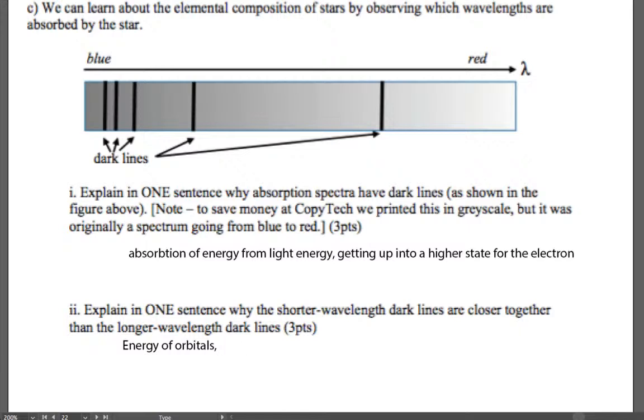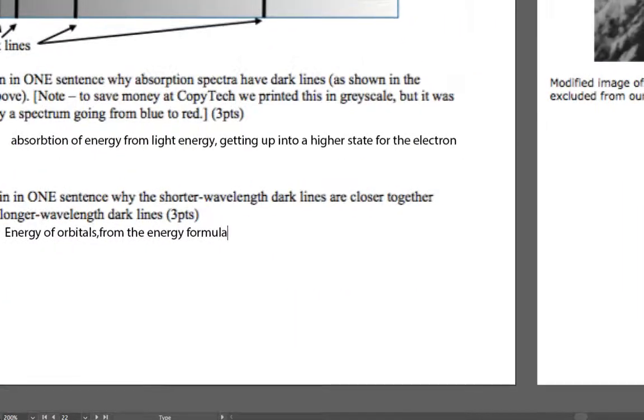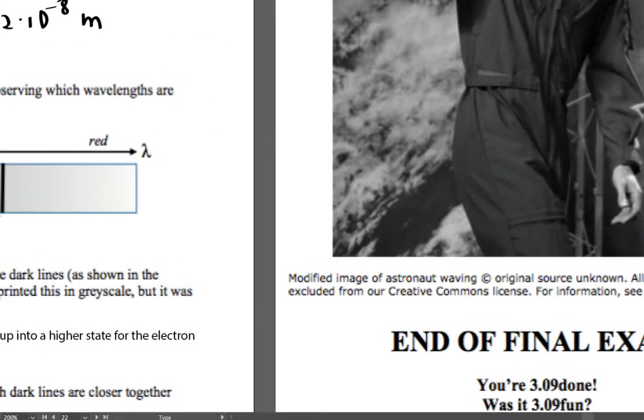The 1 over n squared is where it all comes from, basically from the energy formula. That's how I see it anyway.